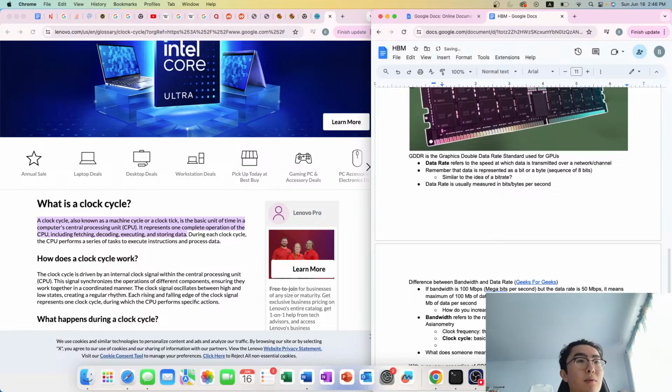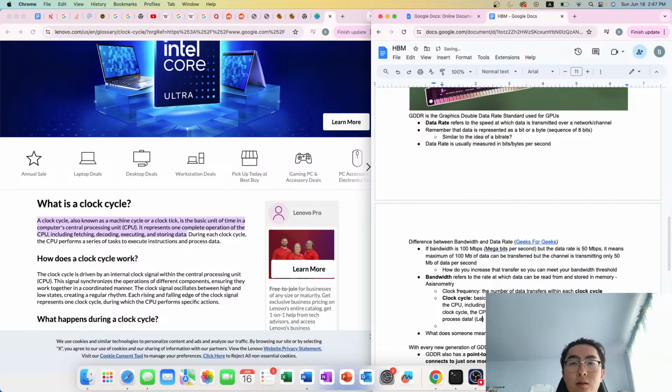It represents one complete operation of the CPU, including fetching, decoding, executing, and storing data. So during each clock cycle, the CPU performs a series of tasks to execute instructions and process data.